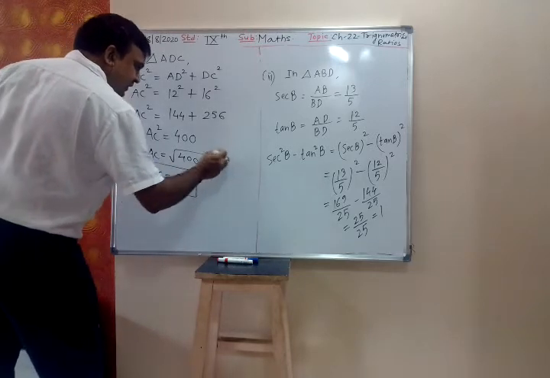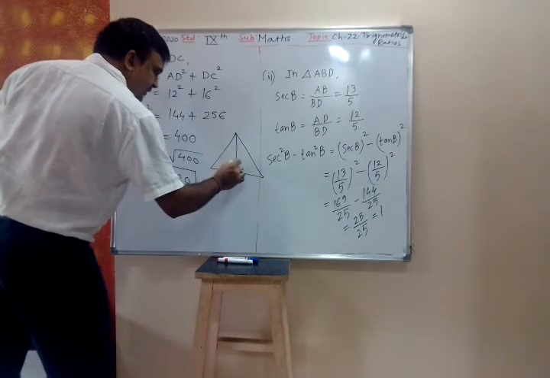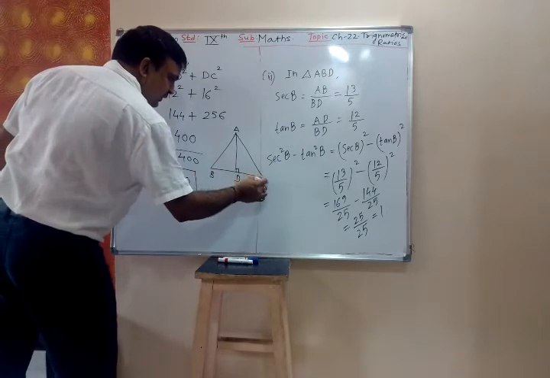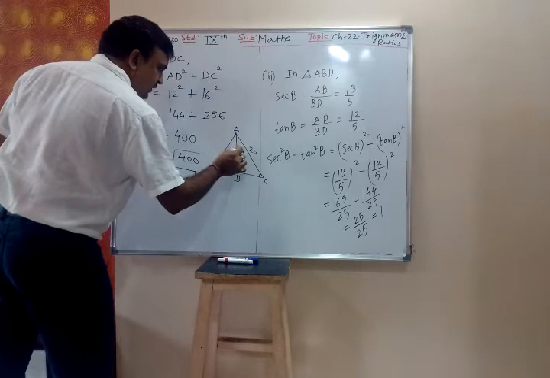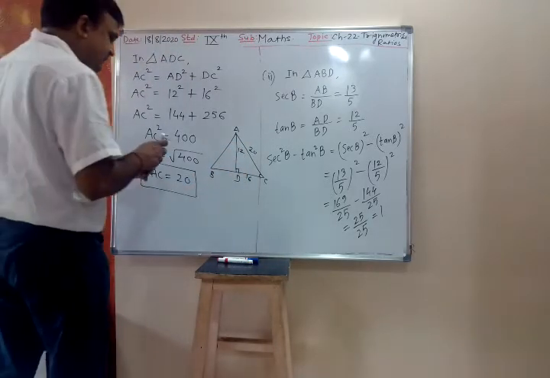Now after finding AC as 20, AC is 20, this is 12, and this is 16, correct? Okay. So now my C is my reference angle.